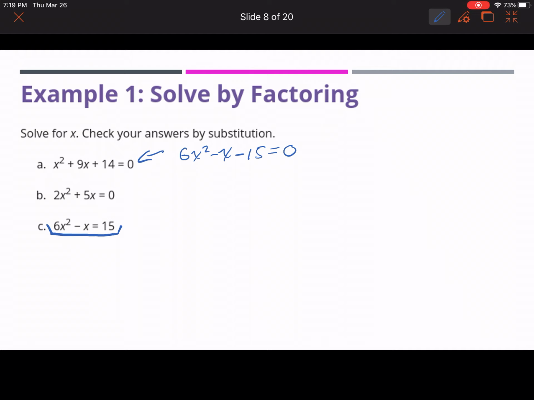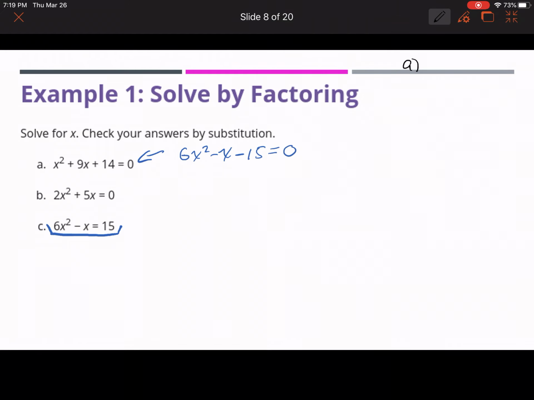And now we've got a question that looks exactly like our first one. So now we need factors of negative 15. So two numbers that multiply to negative 15 and to add to negative 1. So negative 15, oh, nope, because we have a 6 on this one. So let's not jump ahead.